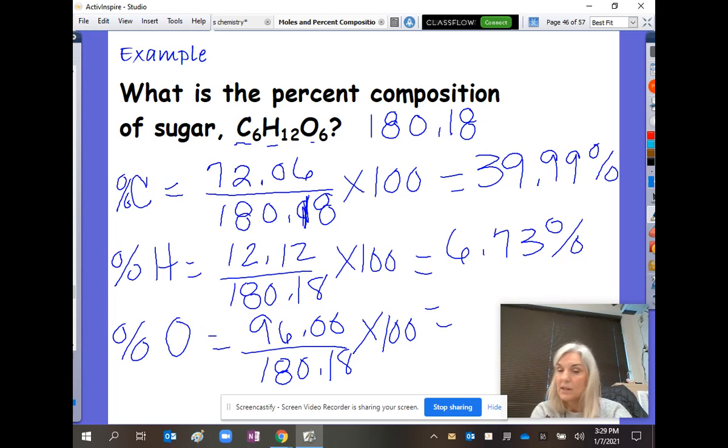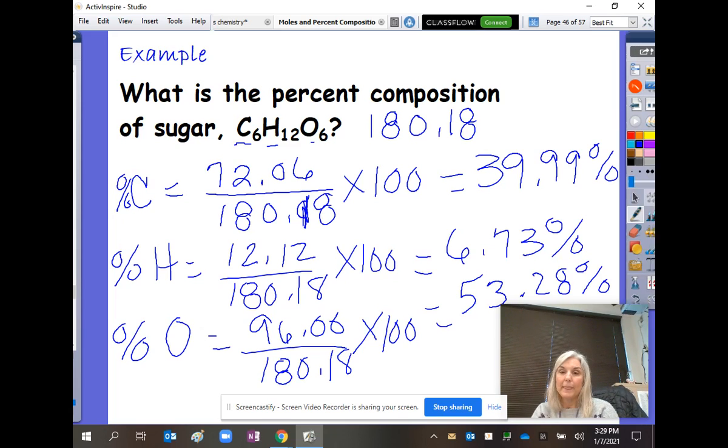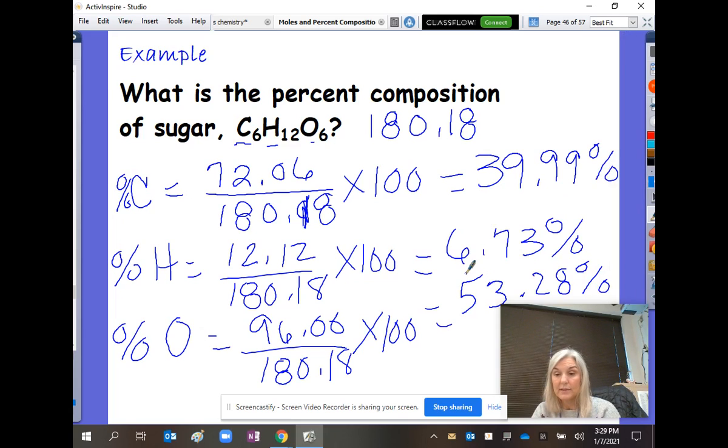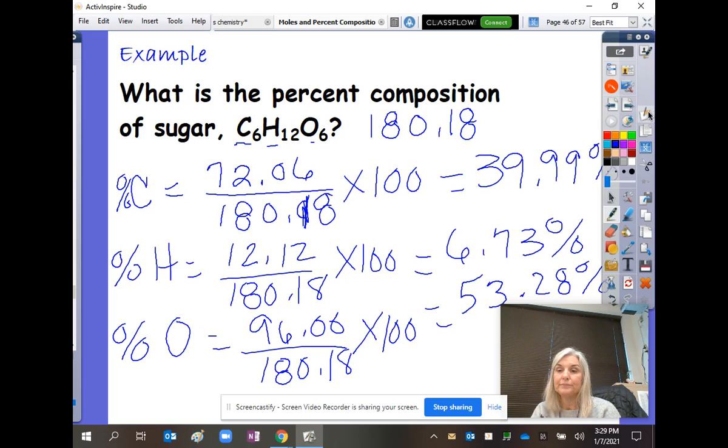And then that gives us 53.28%. So if you add up these numbers, you will get 100%. So that's what you get for each element. That's the percent of each element that makes up sugar.